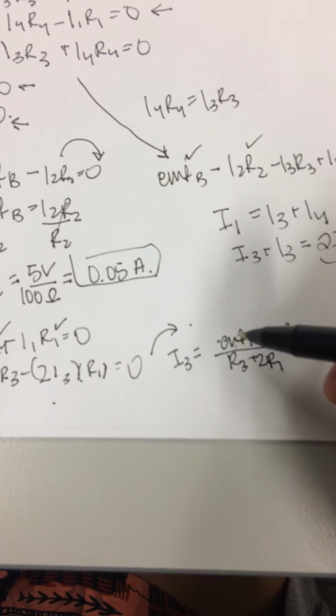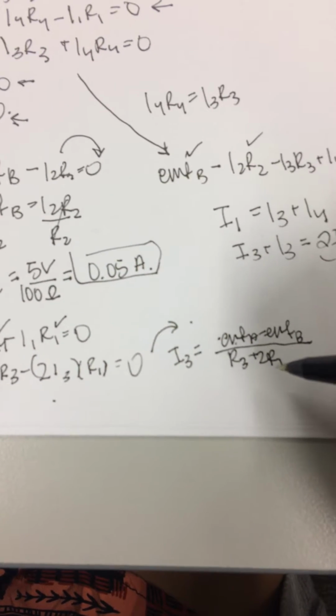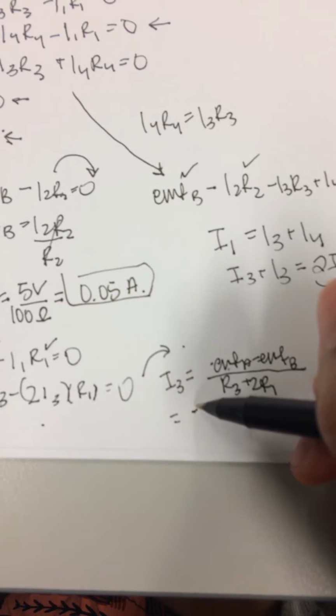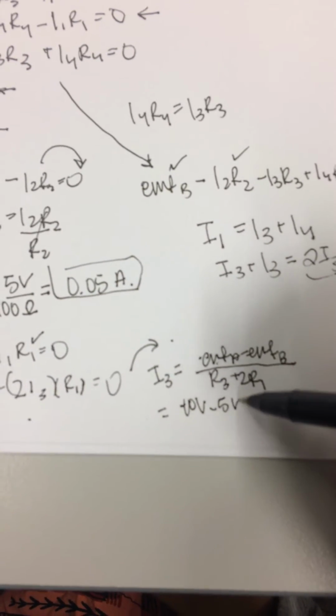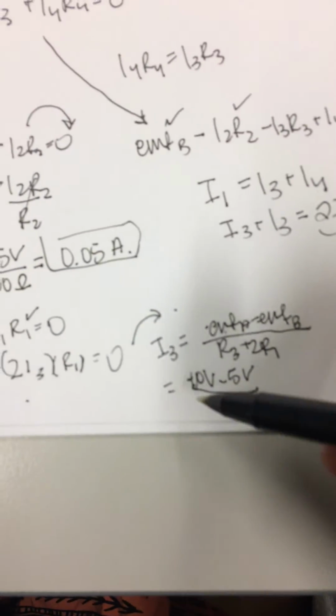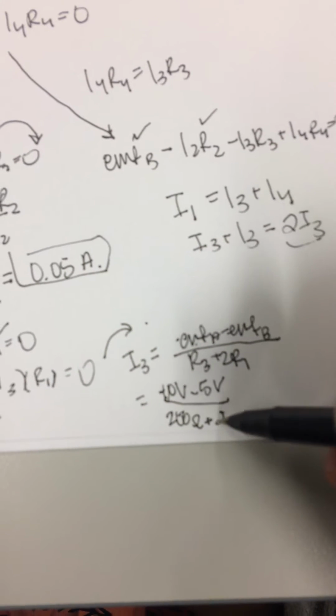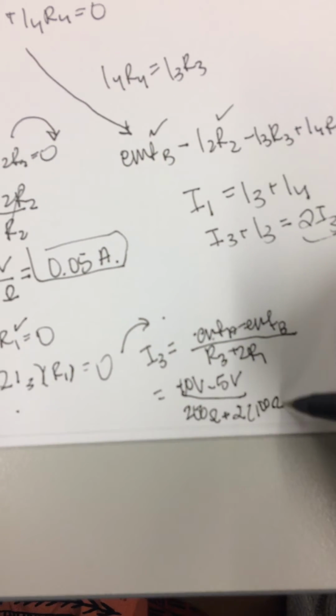When you plug in the values of EMF A, EMF B, R3, and R1, you'll end up with 10 volts minus 5 volts over, what was R3? Okay, 200 ohms plus 2 times 100 ohms.